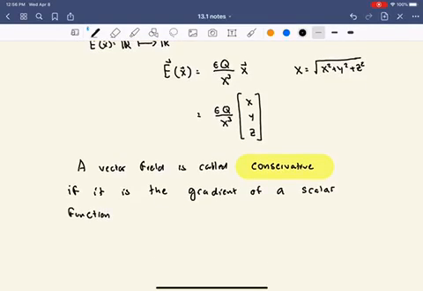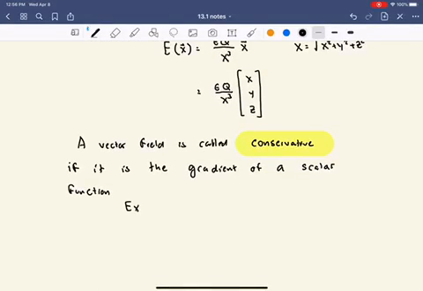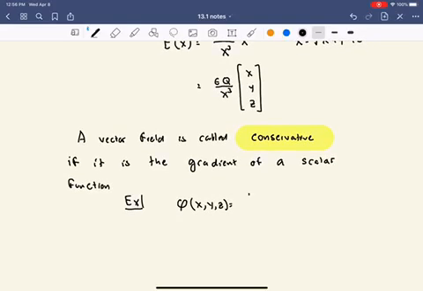Okay, so let's take as an example f, well, you know what, let's call it something else. Let's call it phi here. Phi of x, y, z equals epsilon q over x. Okay? This is actually a scalar function that's going to give us the electric field.